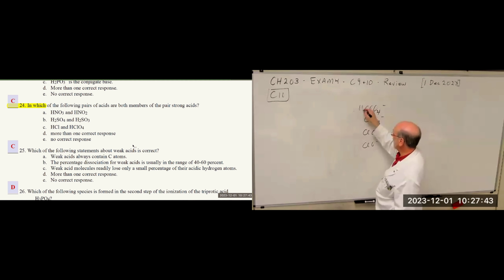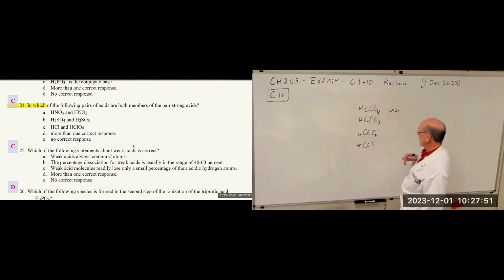And we add a hydrogen to each one and put it in an aqueous solution. That gets rid of the charge. And now we have perchloric acid, chloric acid, chlorous acid, and hypochlorous acid.